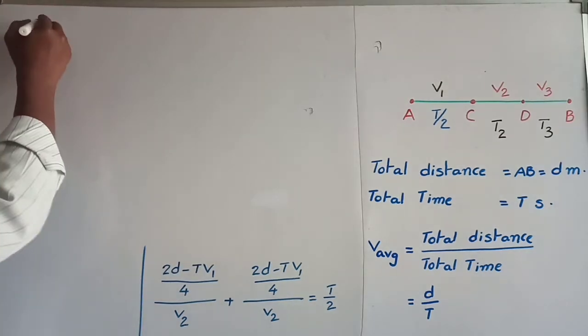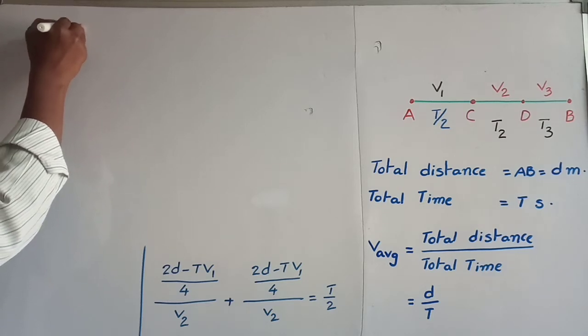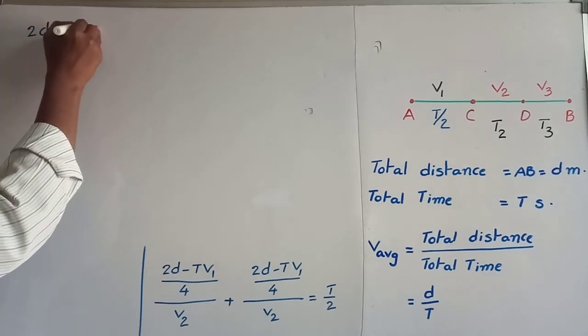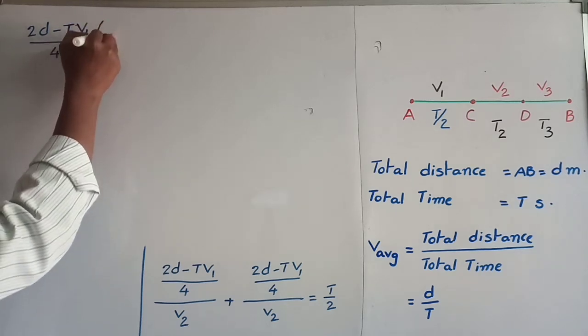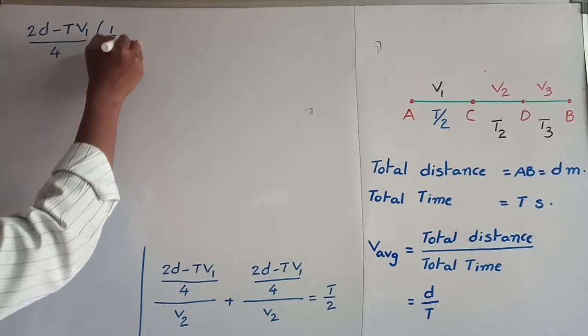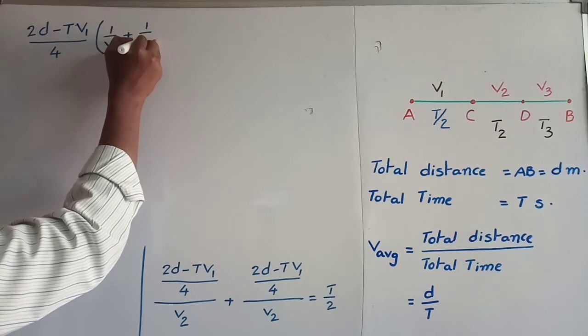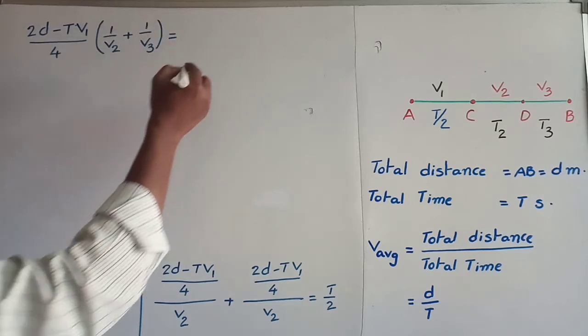From this, if you take (2D minus TV1) by 4 common, then we get 1 by V2 plus 1 by V3, which is equal to T by 2.